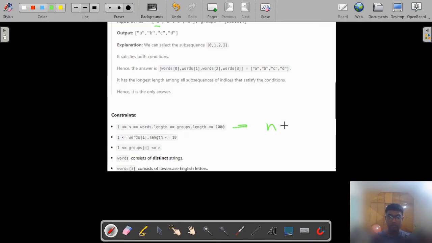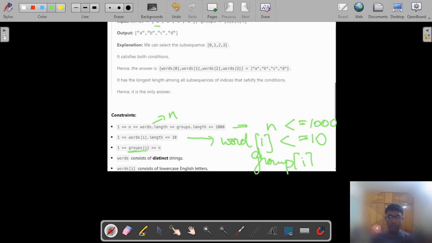So n, which is the length, can be less than or equal to 1000, and each word of i can be less than or equal to 10, and groups of any specific value can be less than 10,000. Okay, so we have an idea of what constraints we have, right?